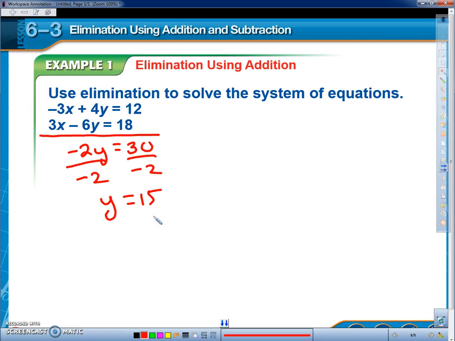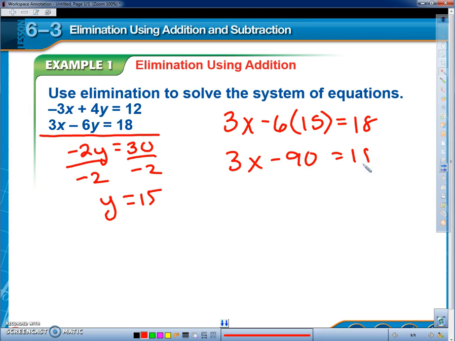Now, the way that we're going to solve for x is we're going to put this 15 back into one of these equations. Doesn't really matter which one. I'm going to use the bottom one. 3x minus 6 times 15 equals 18. So let's do some math here. 3x minus 90 equals 18.